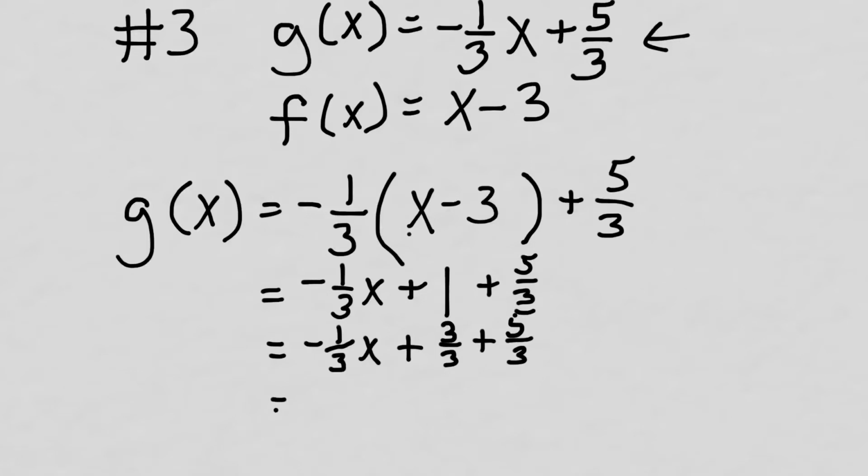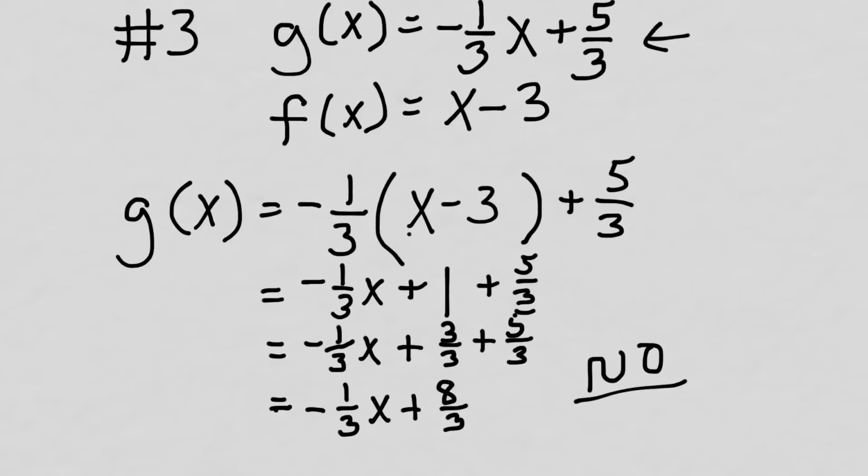We end up with negative 1/3 x plus 8/3. It's pretty obvious that g of x does not equal x. So the answer for this is no, these are not inverses.